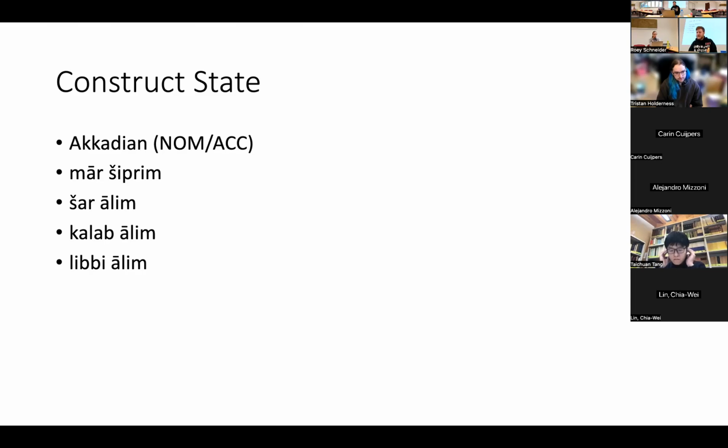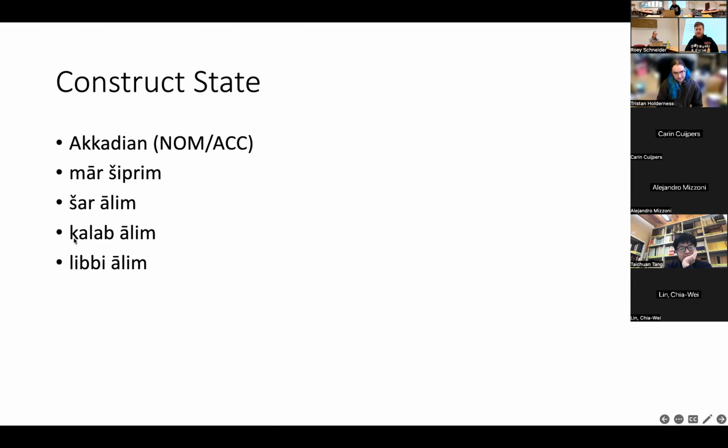So in the nominative and the accusative, it's just mar shiprim, for example, son of a message, which means messenger, delivery boy, literally. Shar alim, king of the town. Kalab alim, the dog of the town.